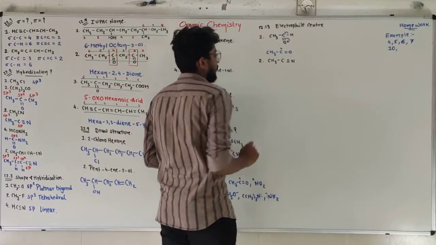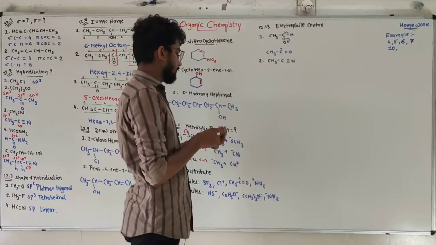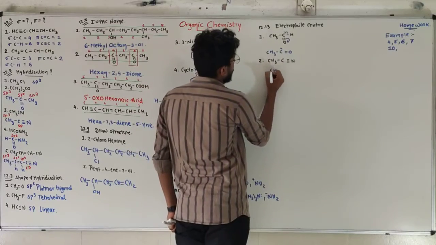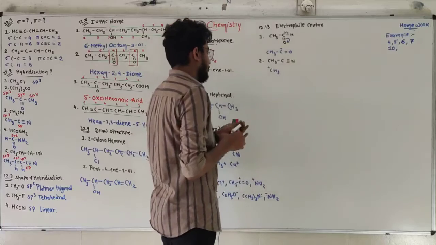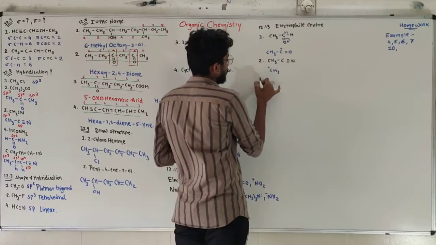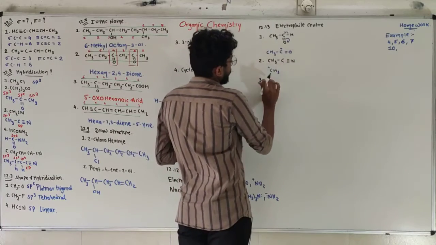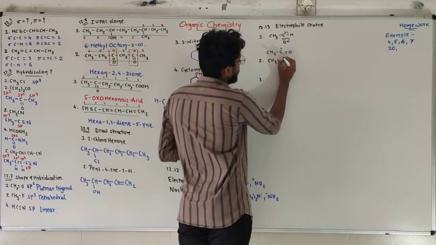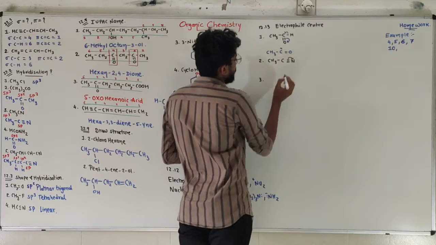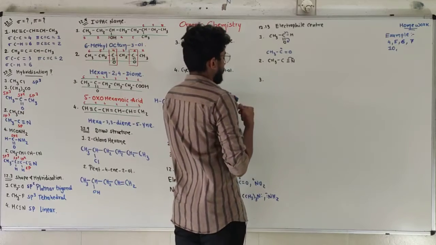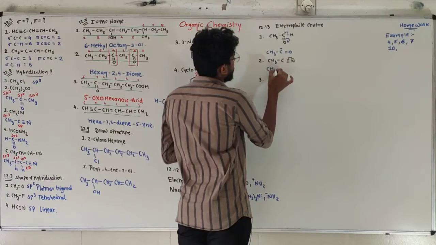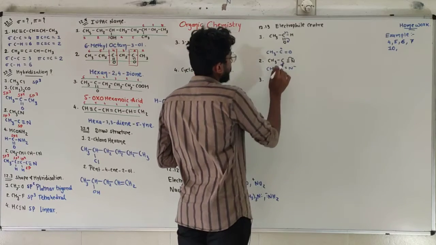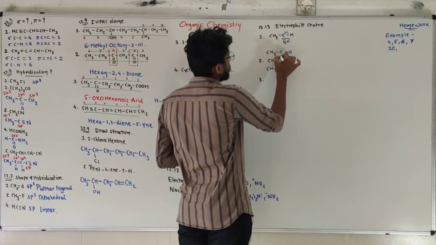These electrons will be held by the nitrogen, and right now in this compound this carbon can be positive because electrons will be transferred over here, so CH3C plus double bond N minus, and this carbon becomes plus.